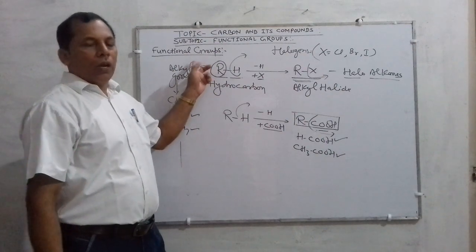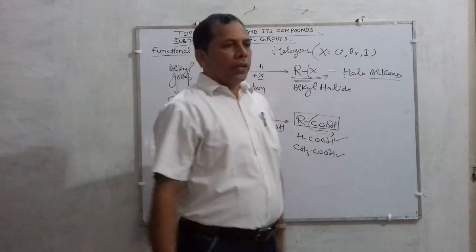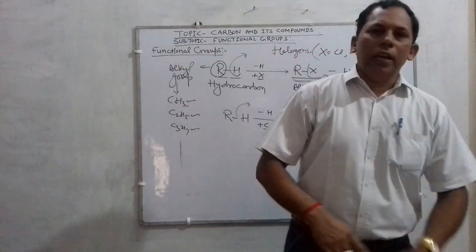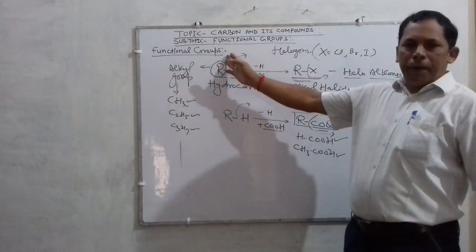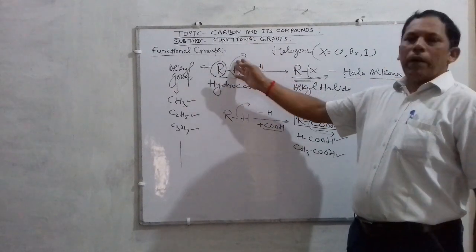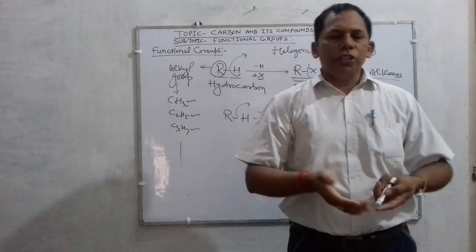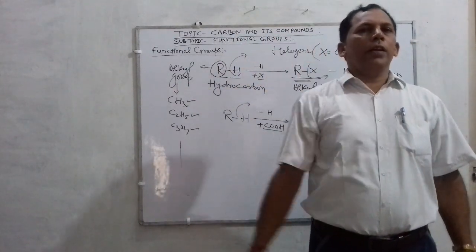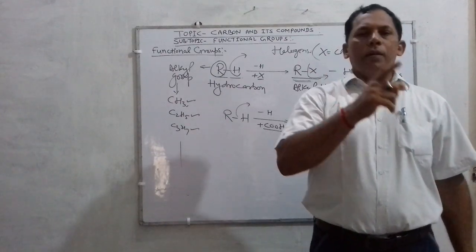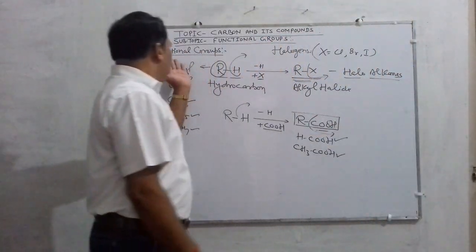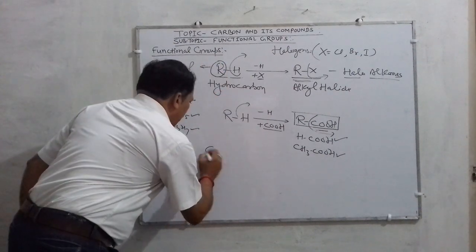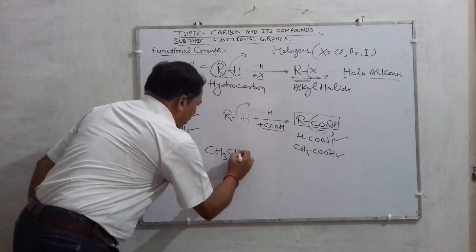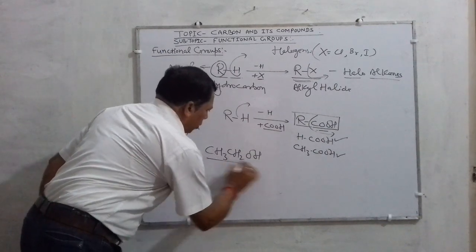Or more easily you can explain that a functional group may be defined as a particular atom or a group of atoms which is responsible for the chemical property of that organic compound. For example, suppose I am writing one compound, CH3CH2OH.